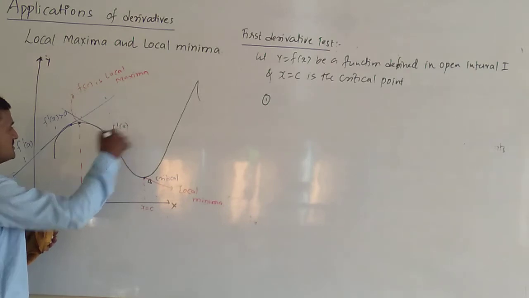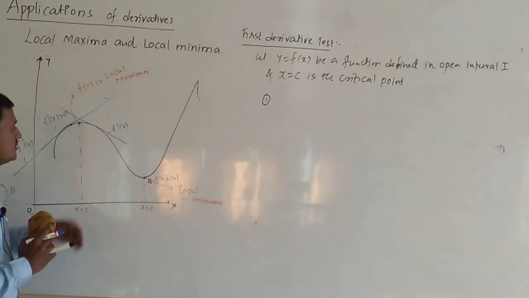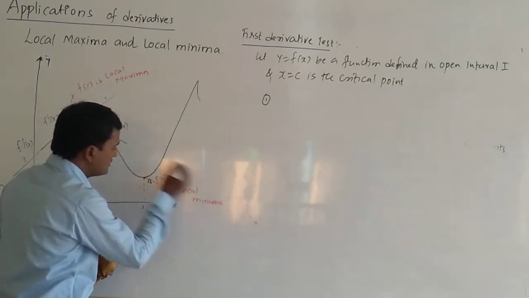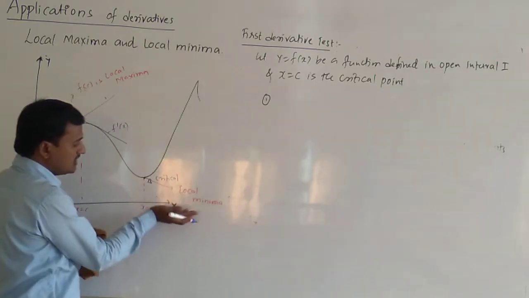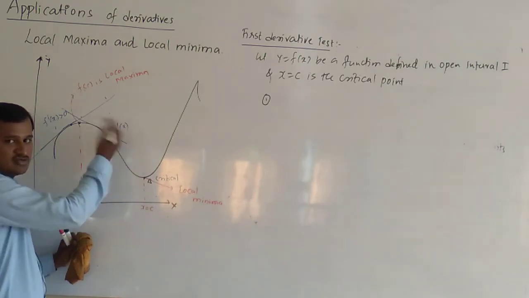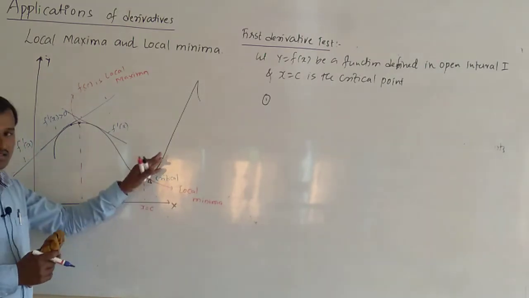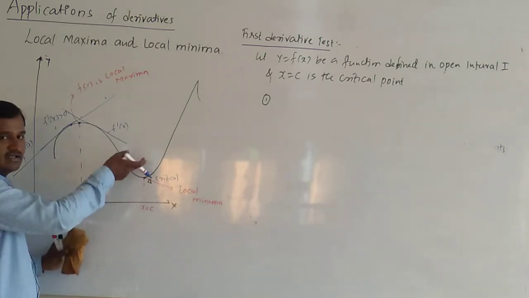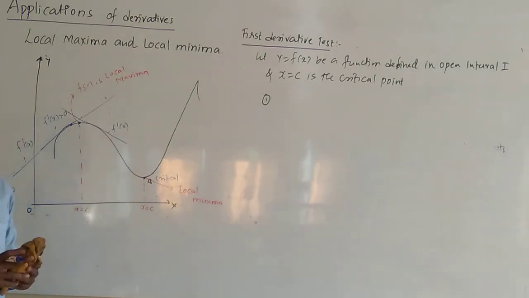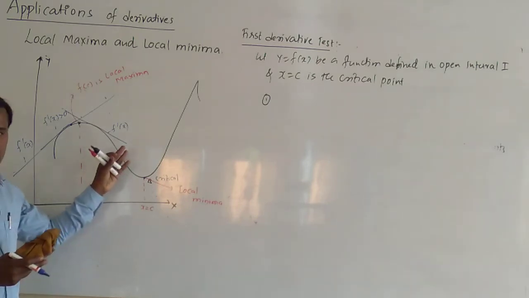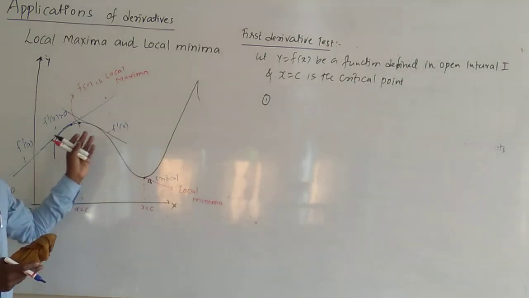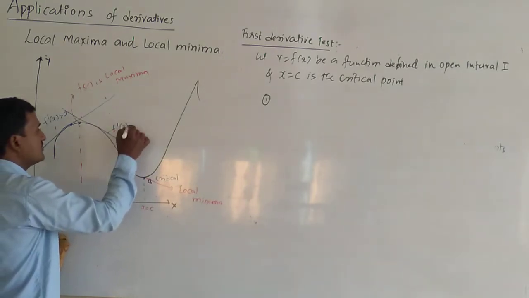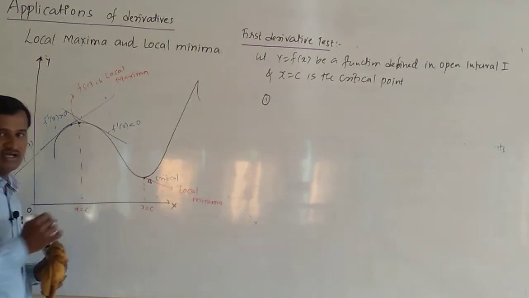If you extend this tangent, it makes an angle theta with the positive direction of the x-axis, and here you are getting an obtuse angle. Obtuse angle means clearly that lies in the second quadrant. In the second quadrant tan theta is negative, which means here you are getting f dash of x is negative.